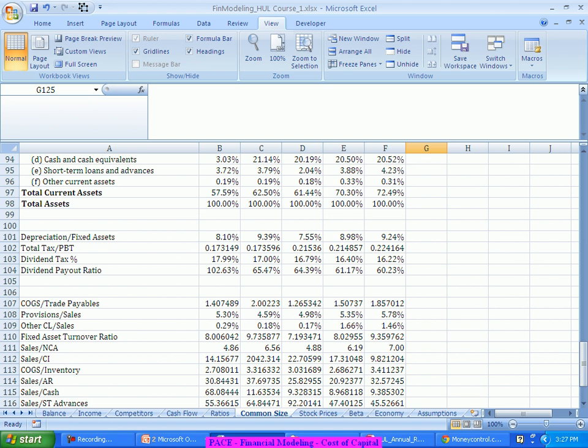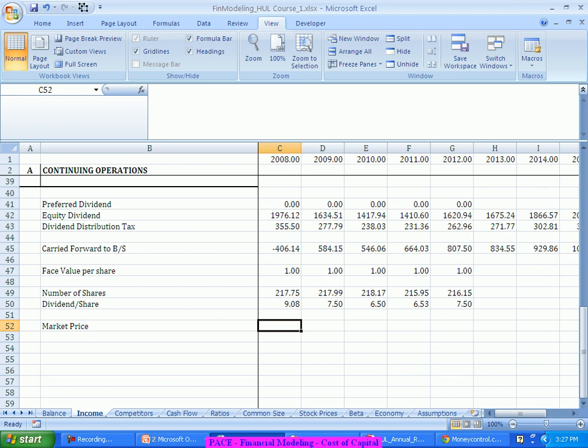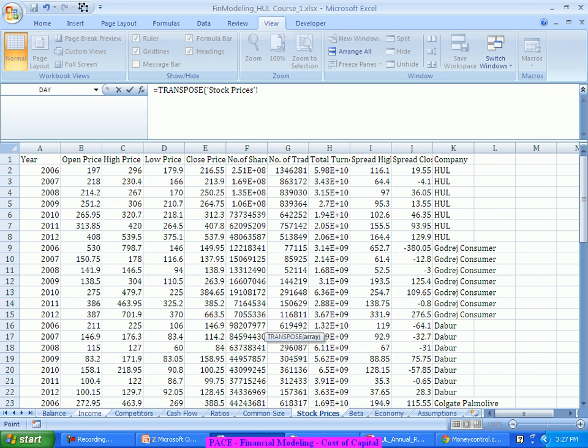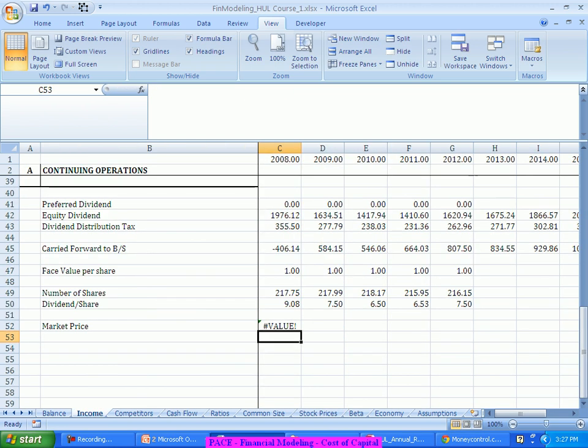Here, the market price, I will simply take the transpose of these 5 numbers. For each of the 5 years, I have to get the market price. Now, these are the market prices. Based on that, I can find D1 by P naught plus G.